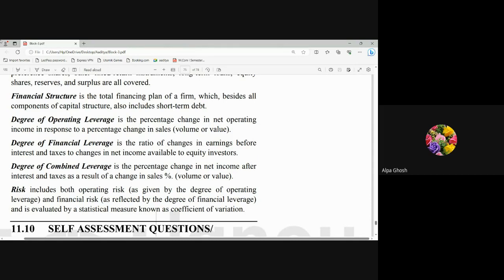Risk, you all know what risk is. It is associated with financial risk, and the financial risk arises out of your financial leverage.